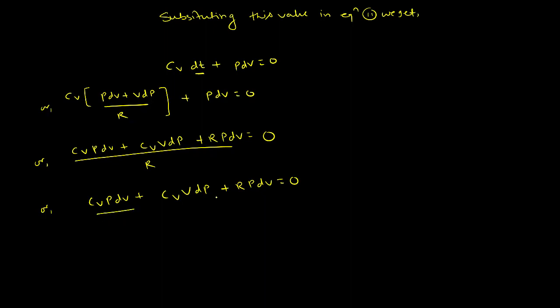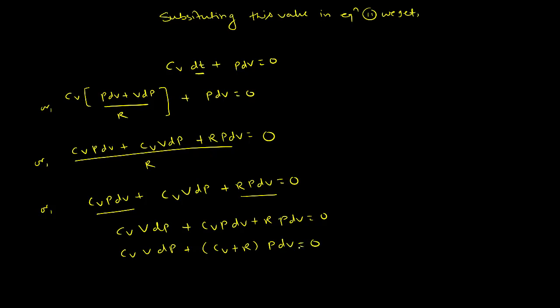Now taking these two terms together, Cv VdP plus (Cv plus R) PdV equal to 0, with PdV common.